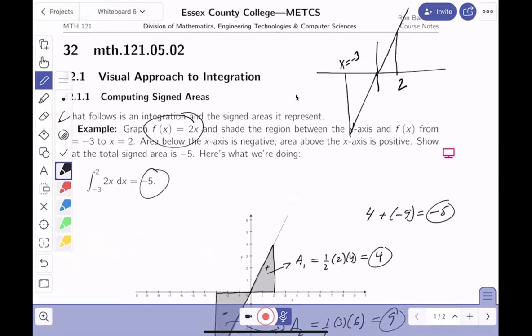So again, I'm just reading now. They said graph that line and shade the region between the x-axis and the function f from -3 to 2. I'm going to do my shading in now.